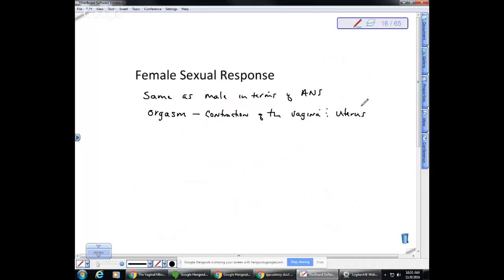If a couple is trying to get pregnant, it's actually better for the female to have an orgasm after the male, because that can help move the sperm up into the reproductive tract. So orgasm increases retention of sperm, and if it happens after the male, that would be beneficial if you're trying to get pregnant.